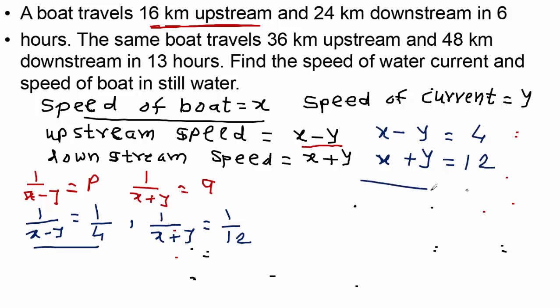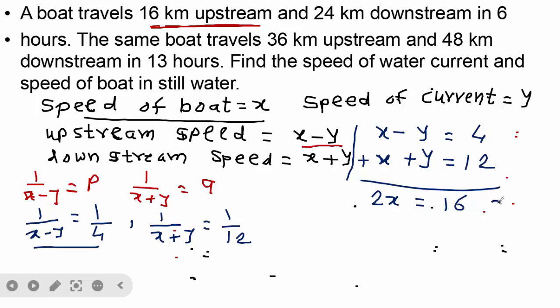Now I got these two simultaneous equations. I shall solve these two. As the coefficients of y are opposite and equal, I shall add these two equations. After adding I will get x plus x, 2x; y minus y cancel; and 12 plus 4 is 16. Therefore, x equals 8. Now, with x equal to 8, I shall put it in any one equation so that I can get y.